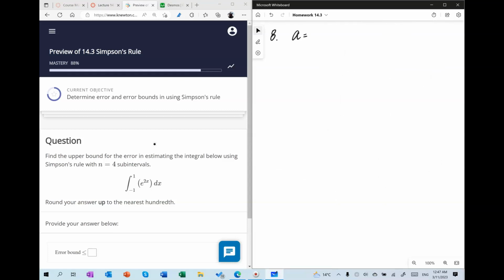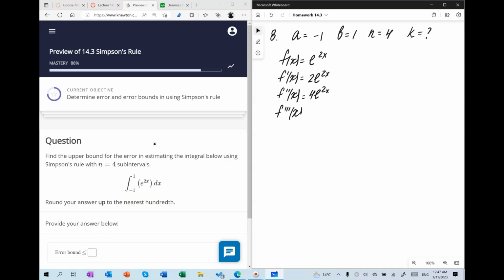Same problem. A is -1, B is 1, N is 4. We don't know K, but f of x is equal to e to the power 2x. F prime of x is equal to 2e to the 2x. The second derivative is 4e to the power 2x.